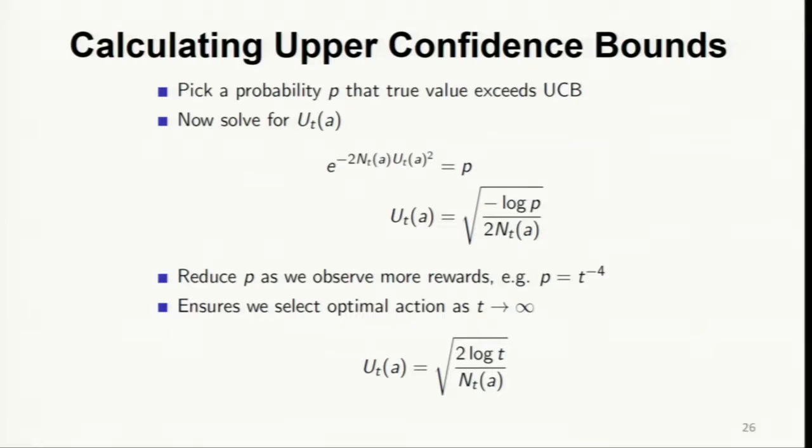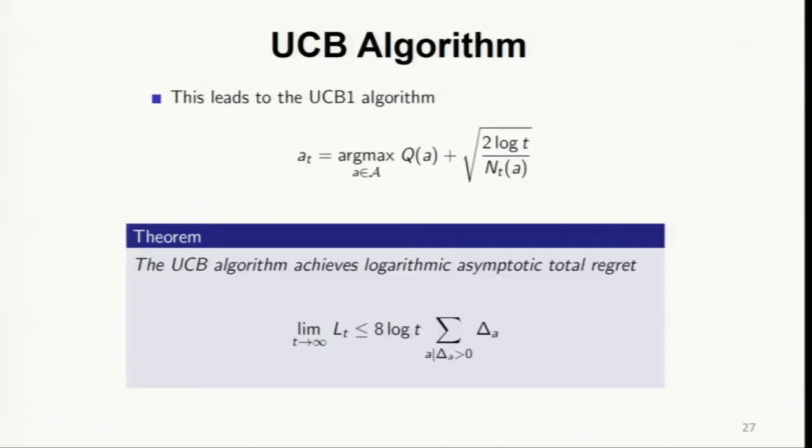Now let's put this UTA into the equation. The UCB algorithm is now AT equals argmax of QTA plus the square root of 2 log t over NTA. You see here, this is NT, the count. You choose a particular action how many times? If this count is small, what's going to happen?